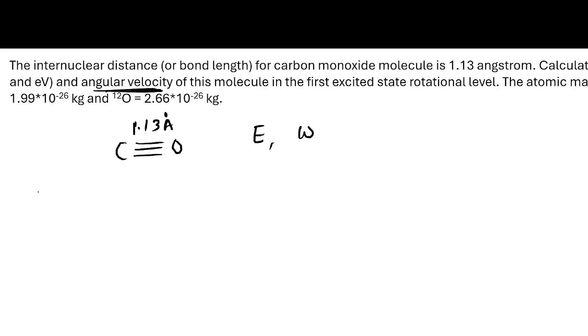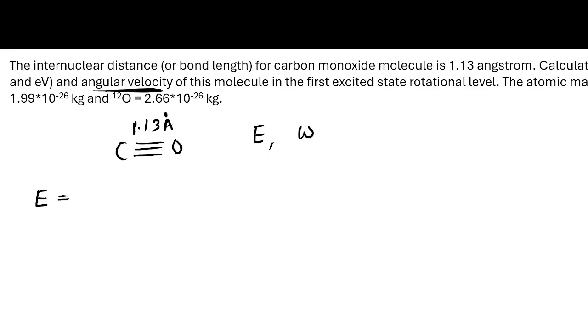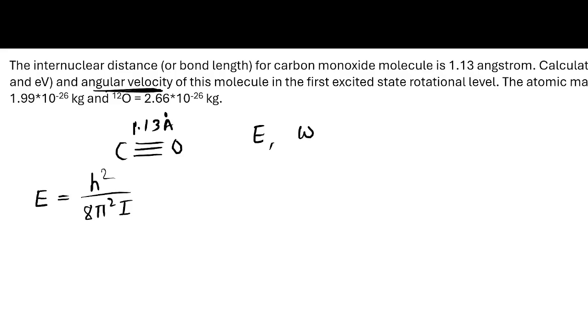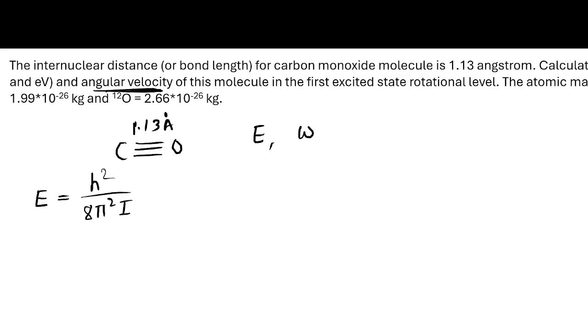The expression for energy, since it is asking in joule, is h square over 8 pi square I, times J into J plus 1.